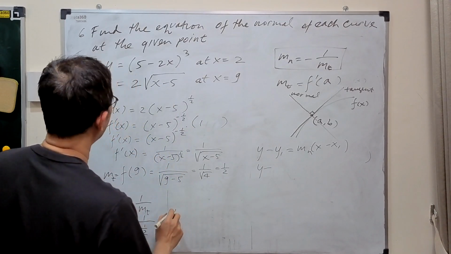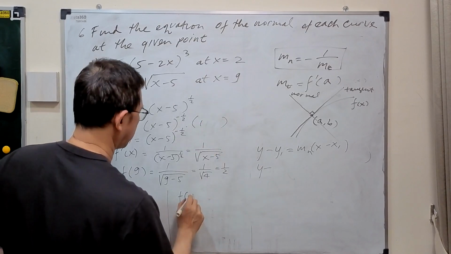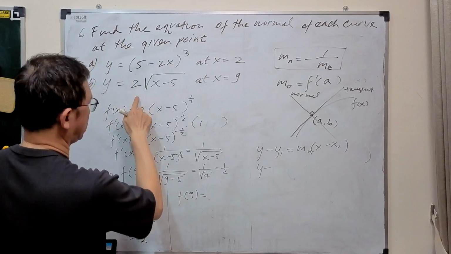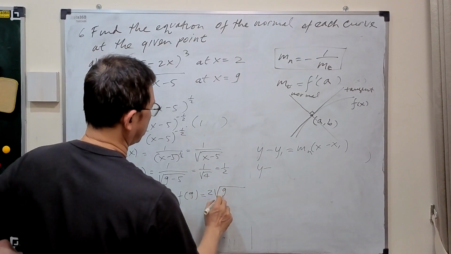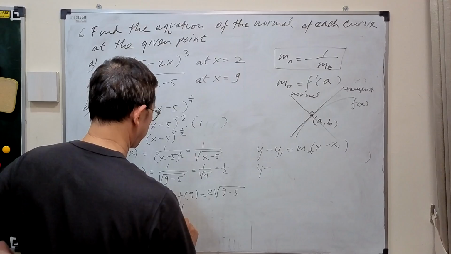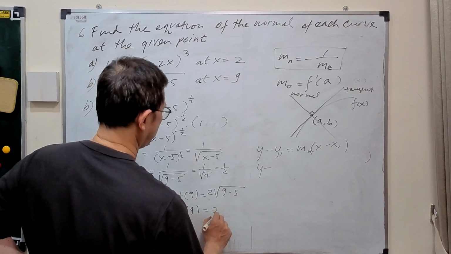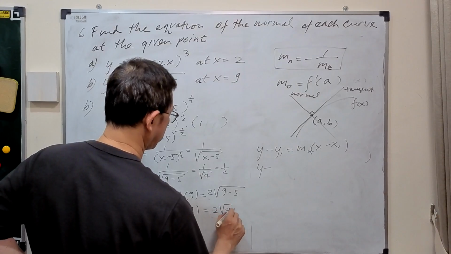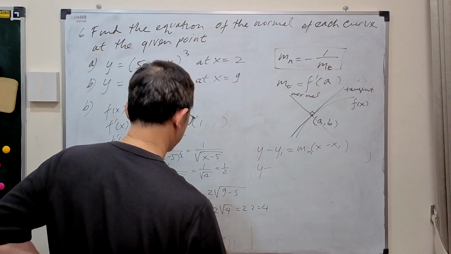So f(9) is 2 times the square root of (9 minus 5). So f(9) here will be 2 root of 4, so 2 times 2 equals 4.